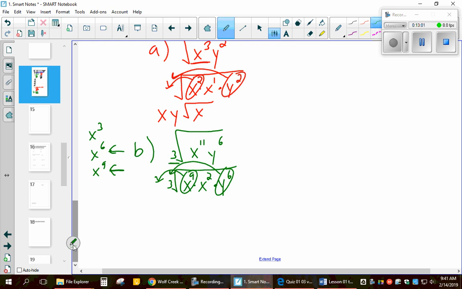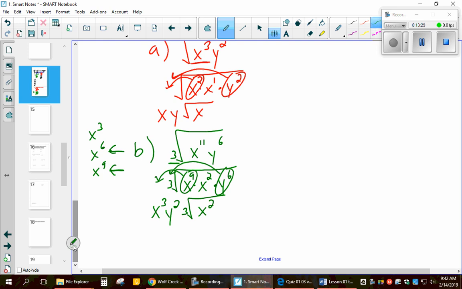All right, what does the x to the 9 come out as? Well, you already answered that one, right? That's x to the 3. And then y to the 6 comes out as y to the 2, times the cube root, and then x squared. Okay, that's it. That's kind of the main idea here.